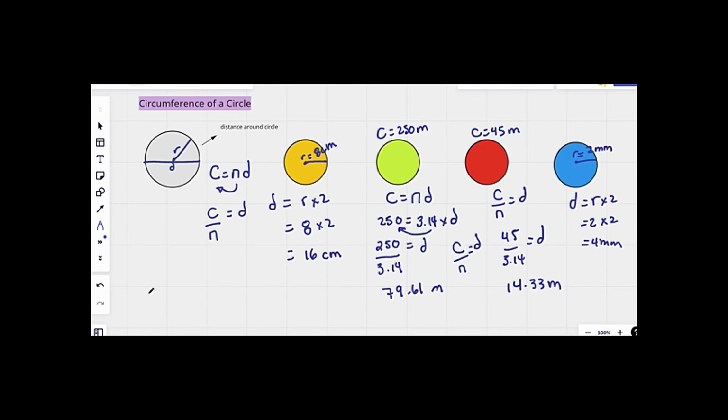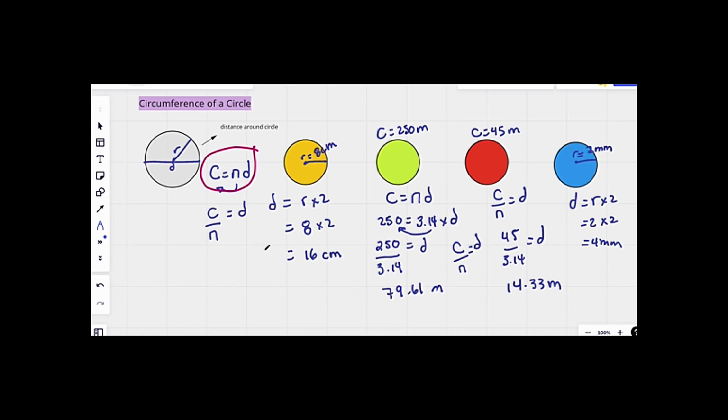So let me just change my color pen here just to highlight some things that we need to remember. The main formula for circumference is this one. This is the main formula to calculate the circumference: C equals pi times d. But sometimes we have some things missing, or we're given different information.